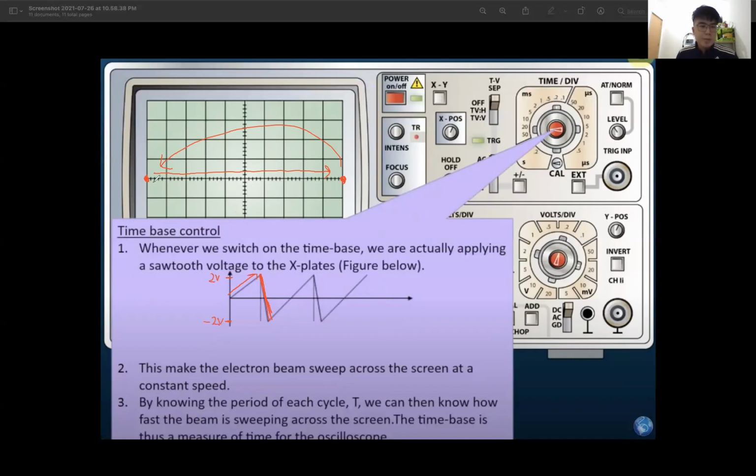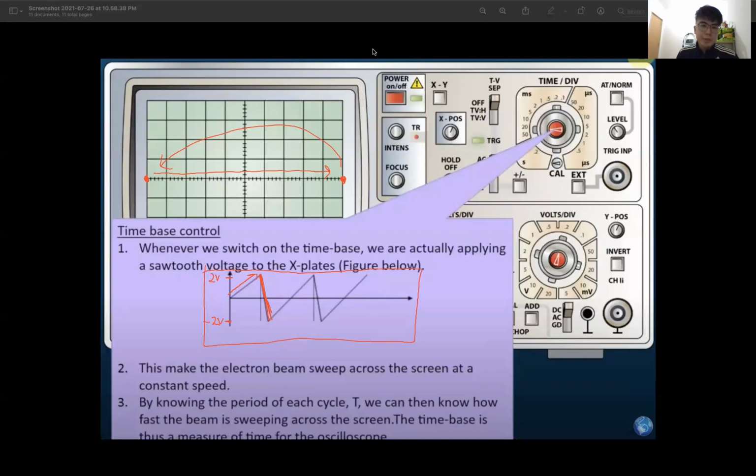So what you will see, if you turn on the time base, is the dot keeps moving from left to right, jumps back, from left to right, jumps back. Okay, so this movement is given by this sawtooth graph. It is actually voltage.